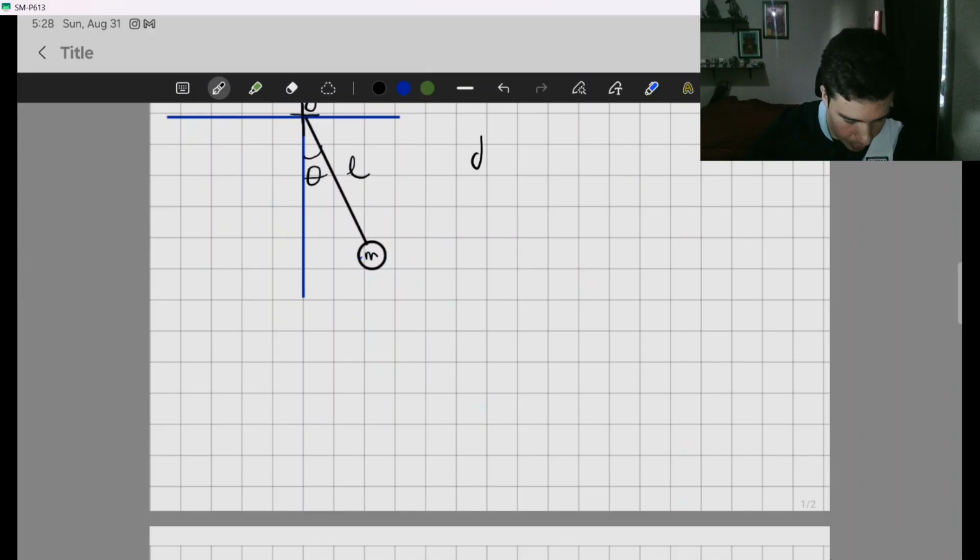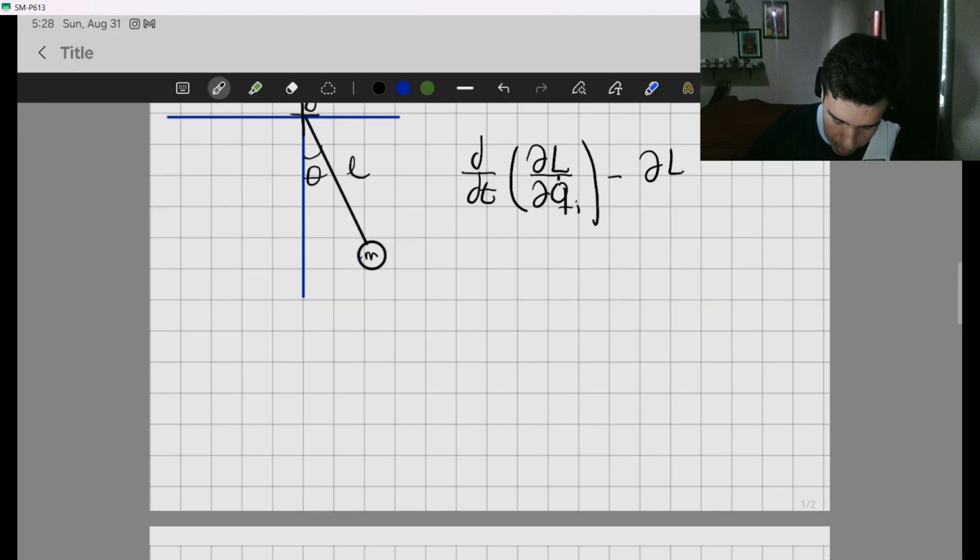We have the derivative with respect to time of the partial of the Lagrangian with respect to the velocity, minus the partial derivative of the Lagrangian with respect to the position.